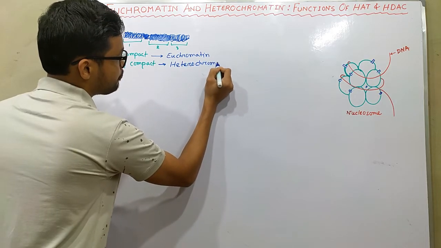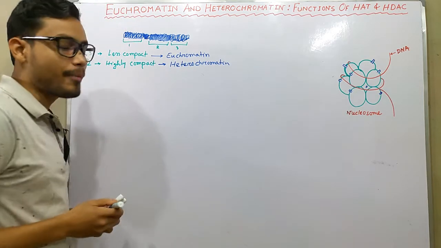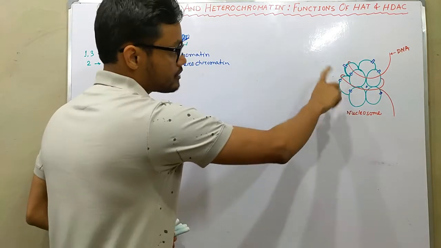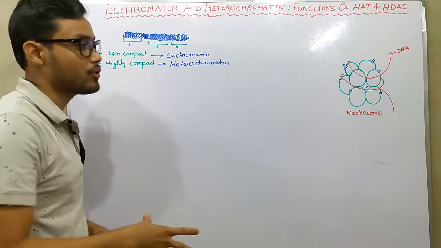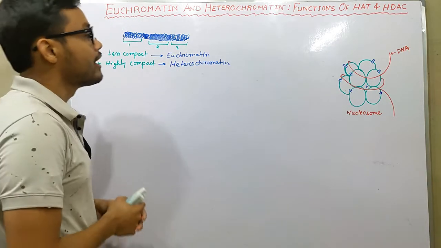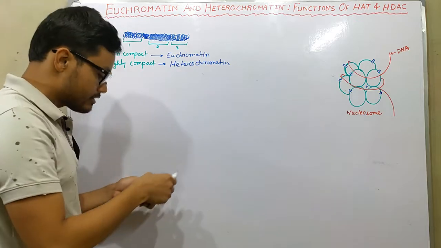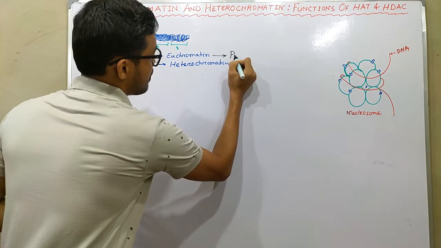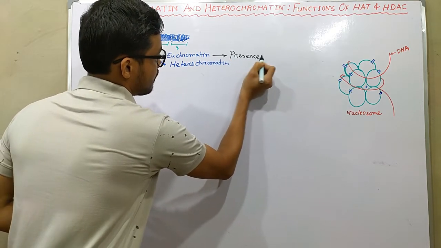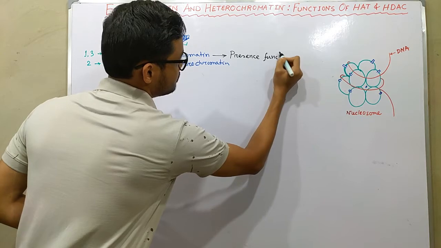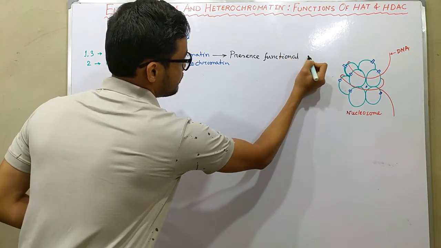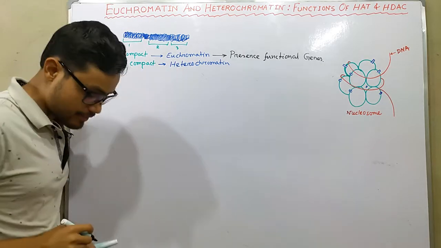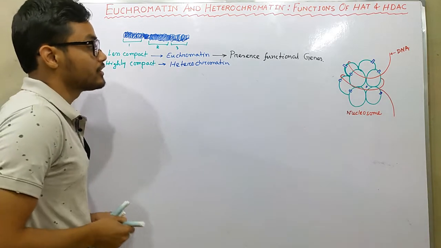That means in the case of euchromatin, the nucleosome model, I already wrote down the structure of nucleosome, the nucleosomes are less compactly bound to each other, and in euchromatin we observe the presence of functional genes. But in heterochromatin, there is no functional gene present.